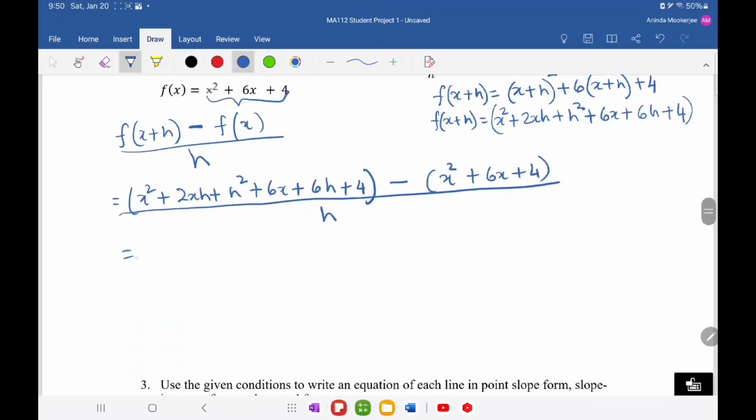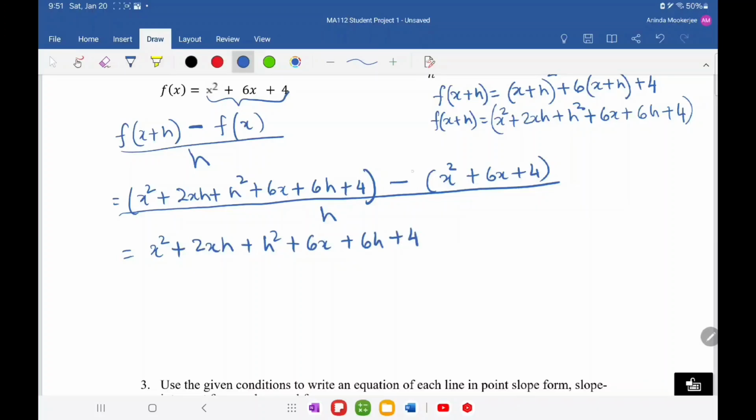So let's go on. Now we have to take the brackets off and simplify. So the first bracket stays, the terms stay as is, but I'm going to take off the brackets. x squared plus 2xh plus h squared plus 6x plus 6h plus 4.